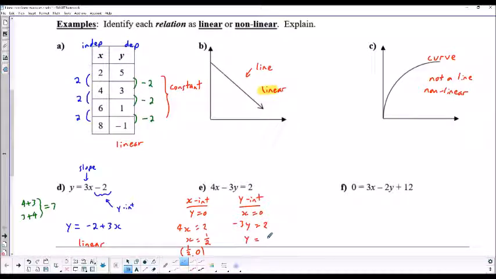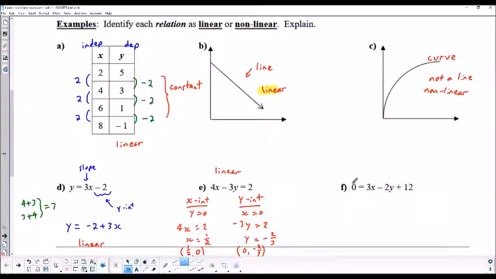Therefore, y equals negative 2 over 3, because we divide both sides by negative 3 to isolate the y. And then the y-intercept is (0, -2/3). Okay, so this is the form of a line. This is representative of a line, and so this is linear.